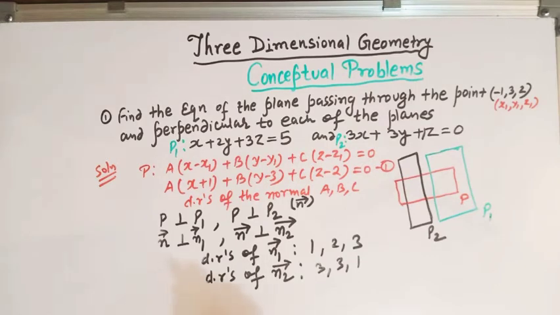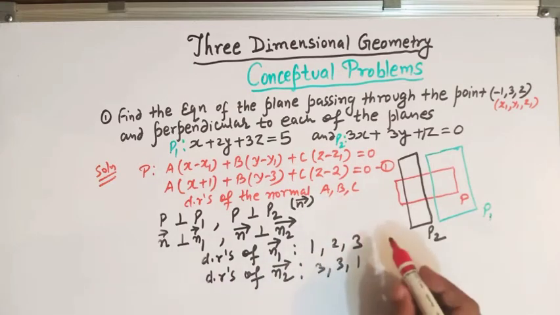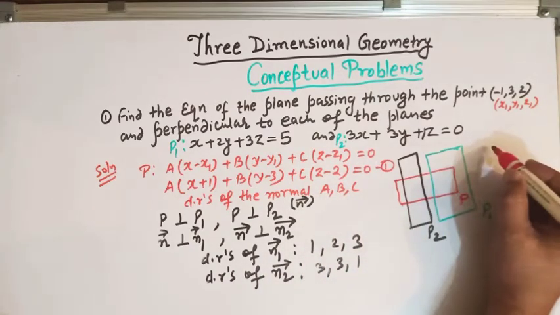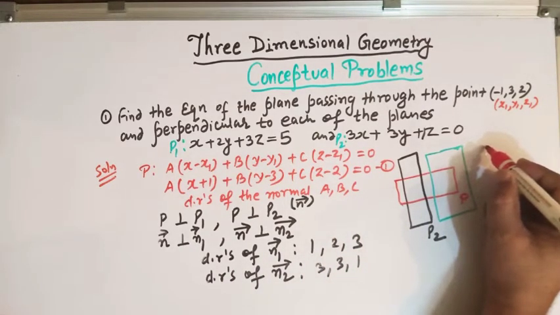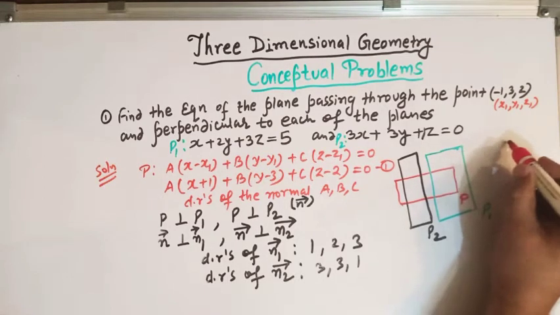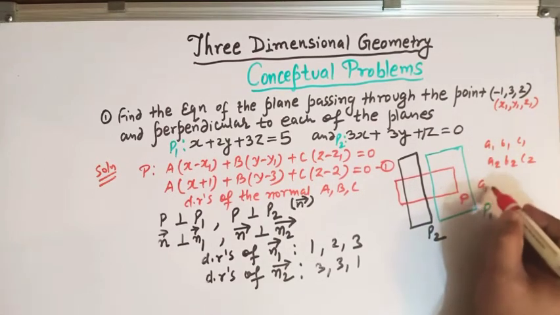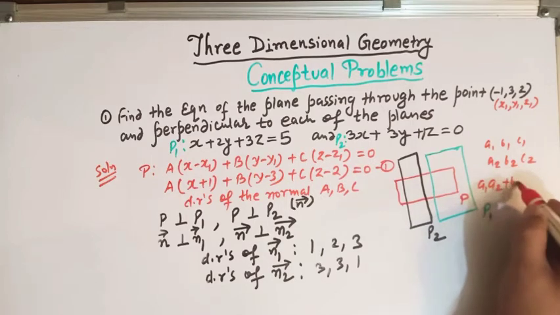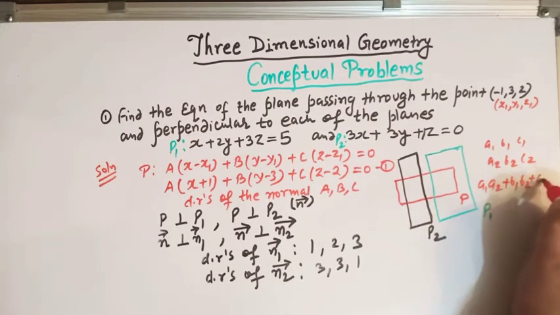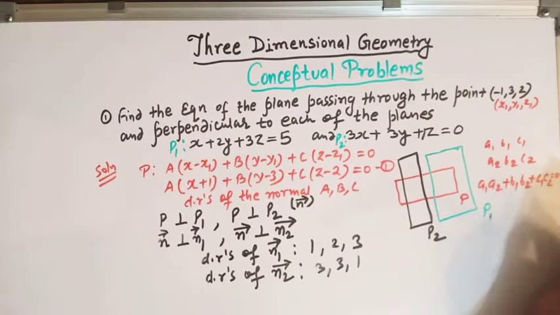Here vector n is perpendicular to vector n1. So we know that if two vectors are perpendicular and their drs are a1 b1 c1 and a2 b2 c2, then we have the condition a1 a2 plus b1 b2 plus c1 c2 is equal to 0.